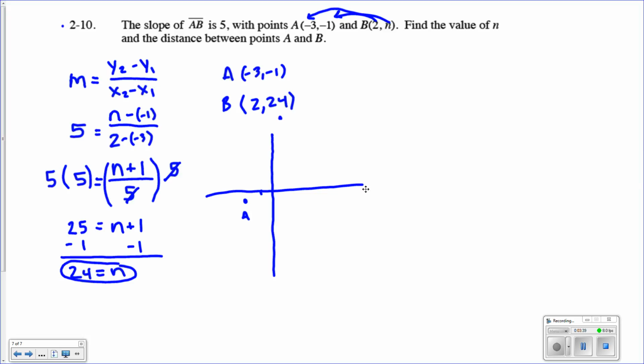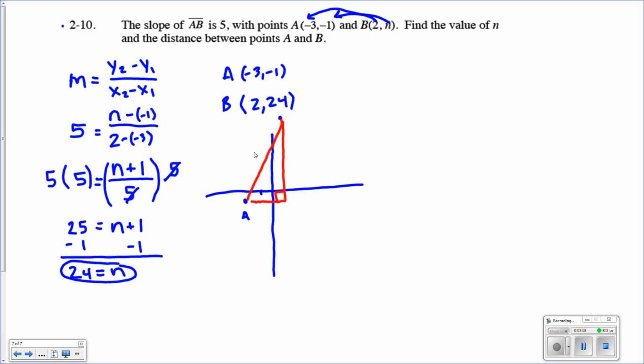We would be trying to figure out the distance of this segment that runs all the way up there. A couple of ways it could be done. We can use the Pythagorean Theorem. We could sketch in our right triangle here, because we're just trying to figure out this distance.